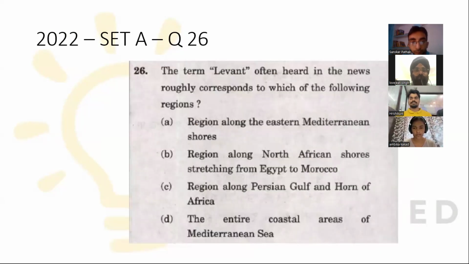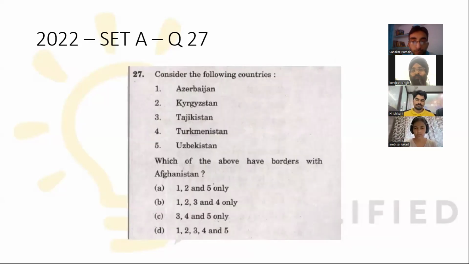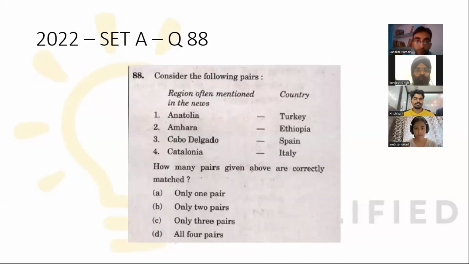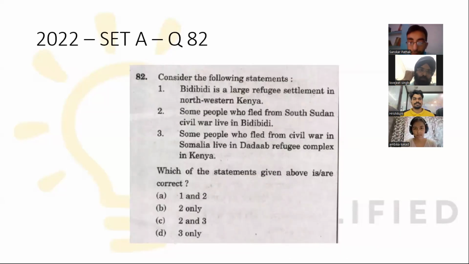In 2022 we again had this one, 11. This question is like places in the news, but for that you need a basic understanding of where the Mediterranean Sea is, what the countries surrounding it are, what the North American shore is, all these things. So for places in the news also we definitely have to do it. This is one of the important areas where UPSC prelims asks questions, especially in 2023, when there were so many questions from places in the news.